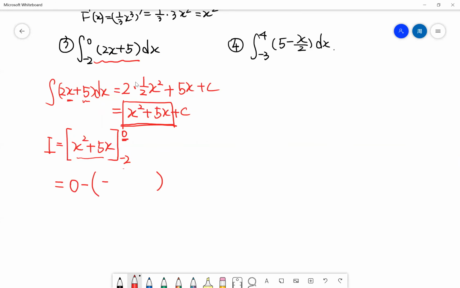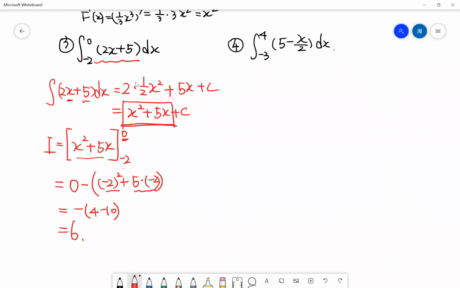So that means -2 squared plus 5 times -2, right? So we know there should be a minus outside. Here, that is 4, and here -10. So that means 6 at last.